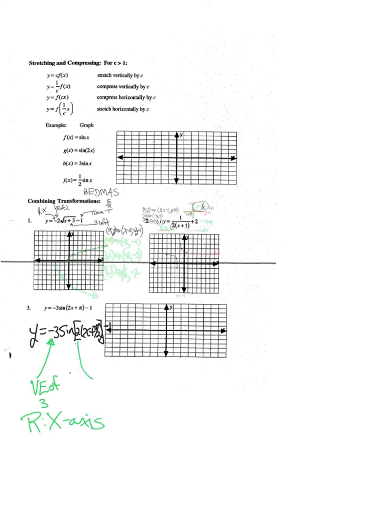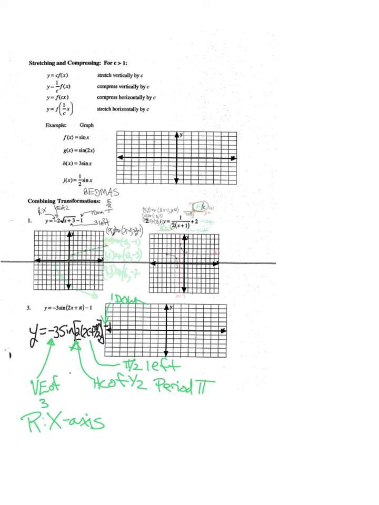This 2 inside the function is giving us a horizontal compression of a half. So the period for the sine function won't be 2 pi. The period will only be pi. Plus pi by 2, that is going to give us a horizontal shift of pi by 2 to the left. And the minus 1 is moving the whole thing 1 down.